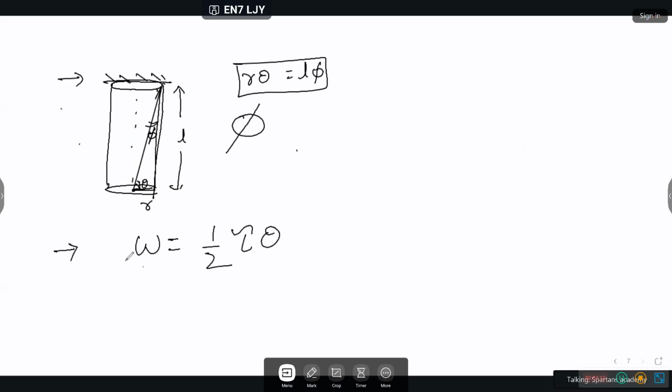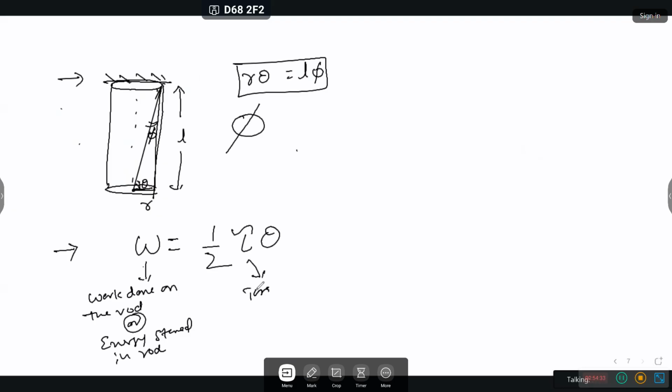This is the work done on the rod or energy stored in the rod.